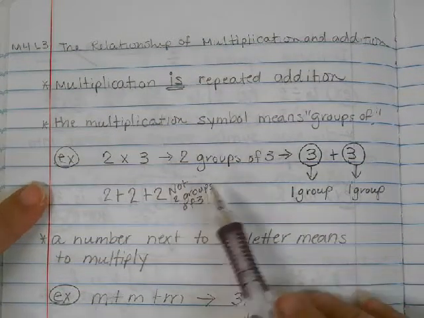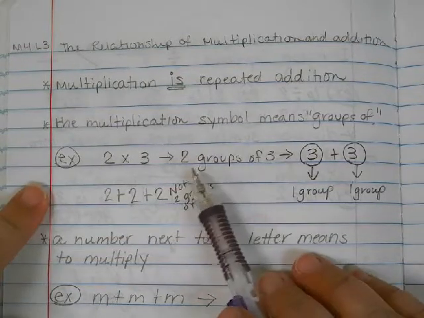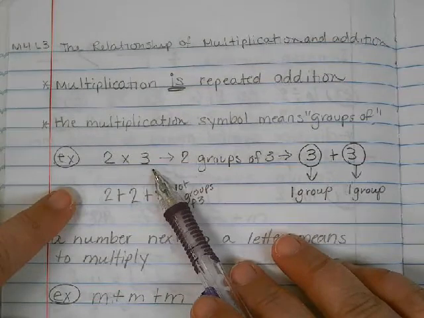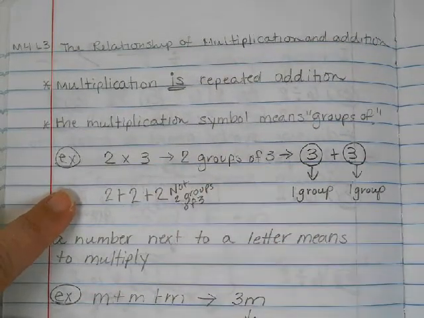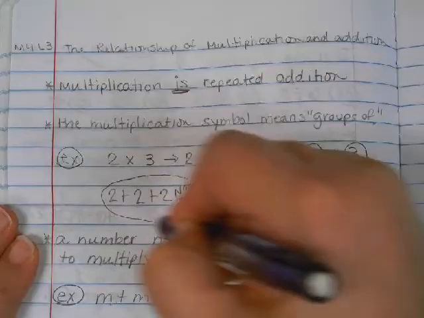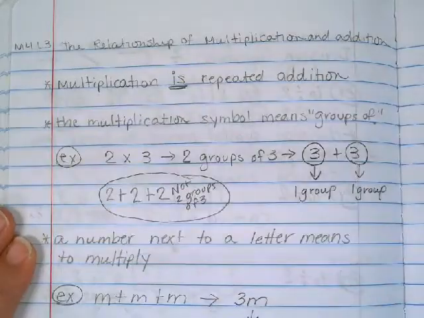So make sure that when you are representing or trying to come up with an equivalent expression for 2 times 3 that you're actually making the correct groupings. So we'll just circle that in our notes. So that's what we would call a non-example.